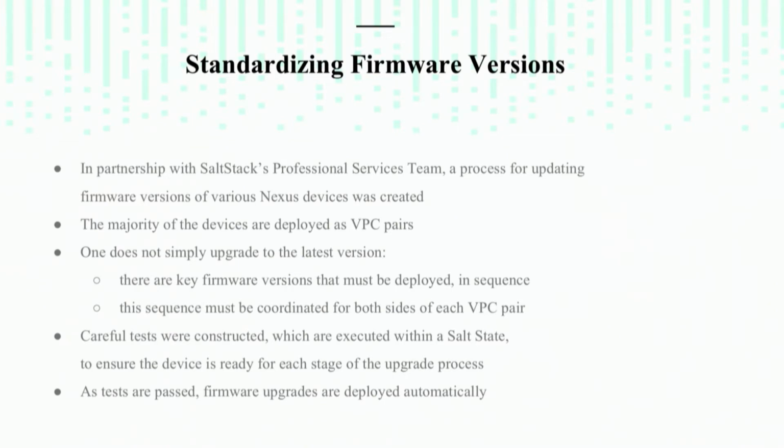So going through the state, we built a state that would upgrade, like, a Nexus 3K from 5 to 7 that's in a pair. It goes through and does all the checks that you would do if you were doing it manually. So we log into the device, confirm the firmware version it's running, look at its neighbor, see what firmware version it's running, and validate that it's a good VPC pair.